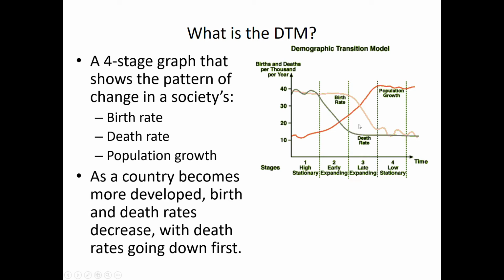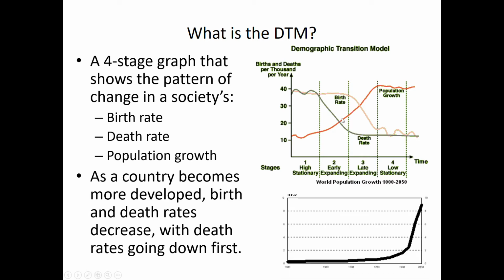As the death rate drops, the birth rate is still high. This has led to a pretty severe growth in world population. So historically, most of the world has been in stage 1 forever. This change really only began around the mid to late 1700s for reasons I'll get into in a minute.